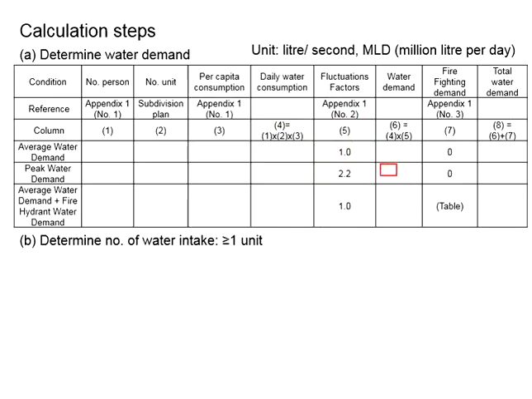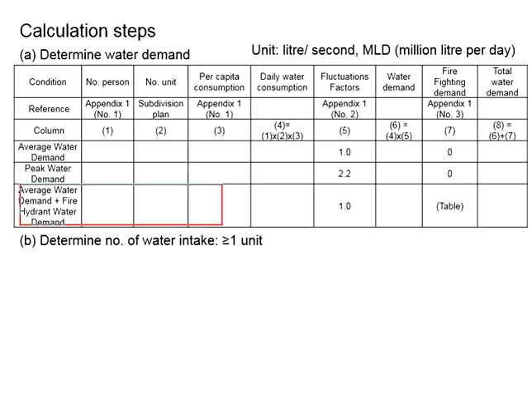That means the calculated peak water demand will be at least 2.2 times the daily water consumptions calculated here. Next is about the firefighting demand. The first two scenarios here represent the conditions under normal circumstances. That means the fire hydrant is not concurrently being used.